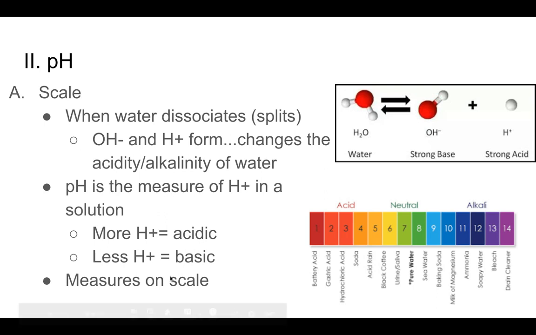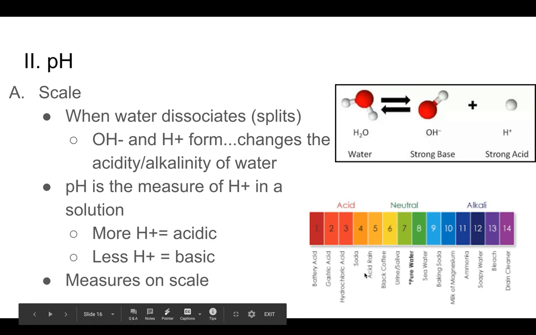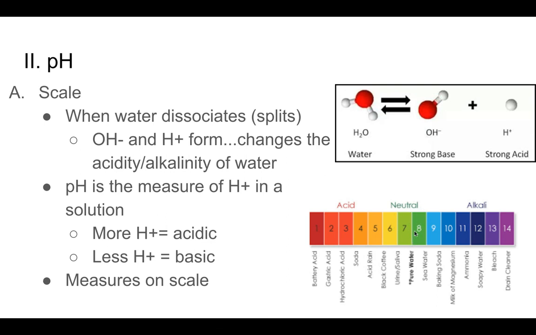And so if we just pause for a moment before we move on, you'll see right here in the middle, the neutral range is always represented by kind of a greenish color, even on all pictures of the scales show green as neutral. And then even when you are doing things like testing pool water, you will see a little bit of a yellowish green color. And so 7 or 8 is neutral.